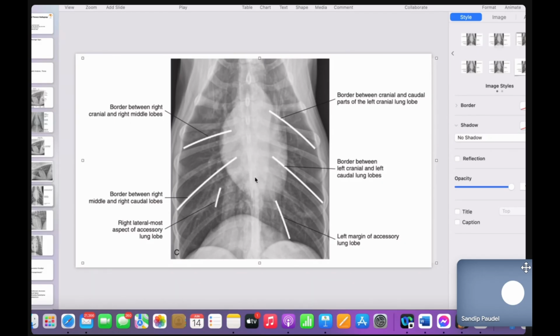The mediastinum is not visible the way we think. All the extrapulmonary structures stay in the mediastinum. Other than the lung lobe, everything in between stays within the mediastinum. So that runs through the mediastinum.